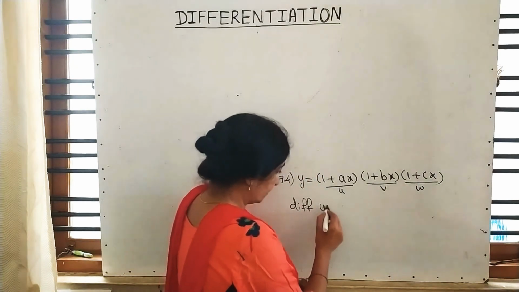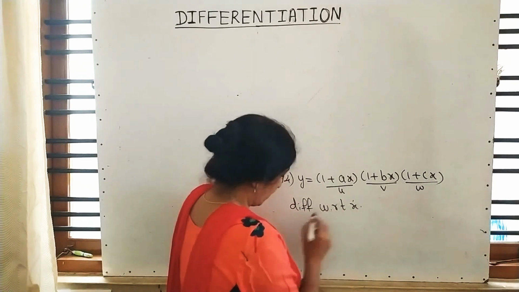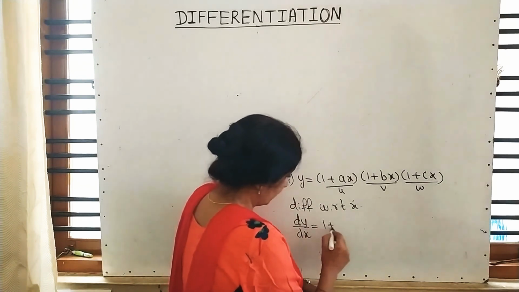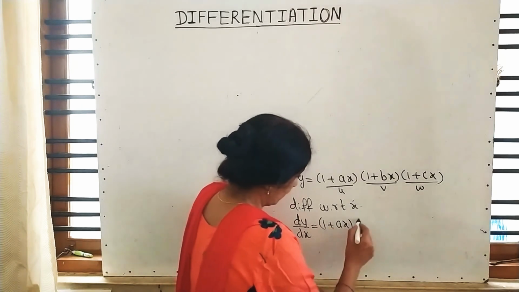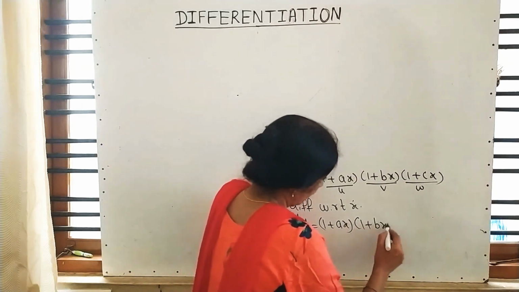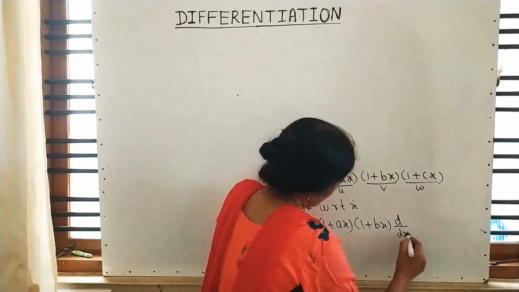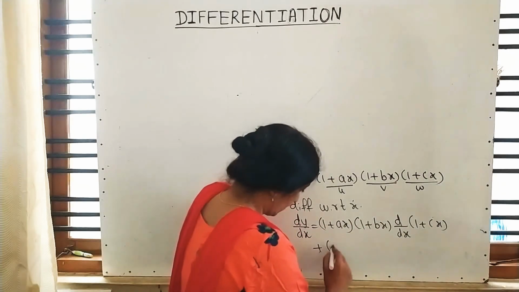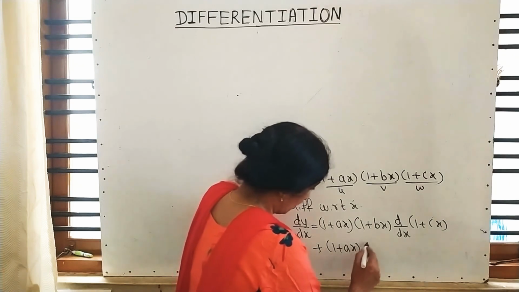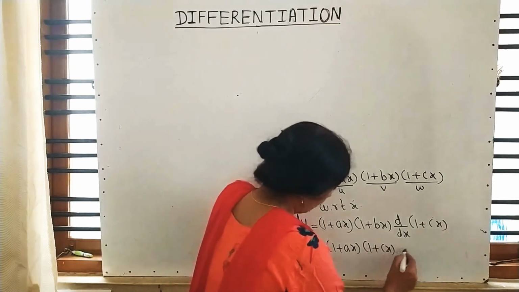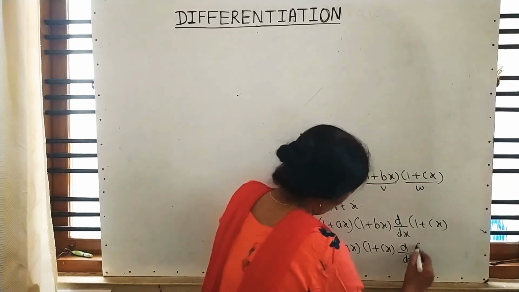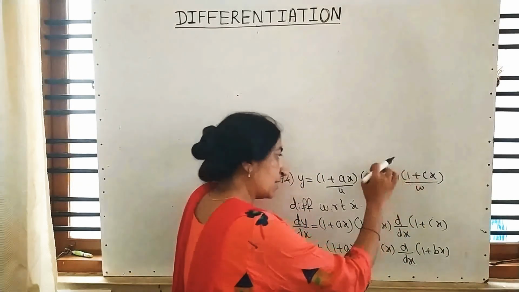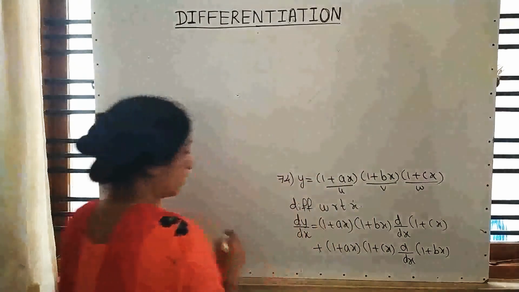Differentiating with respect to x, dy upon dx will be into differentiation of 1 plus cx. Next, 1 plus ax into 1 plus cx, differentiating 1 plus bx. Here in the first one I differentiated this, then I differentiated this, now I am differentiating this.